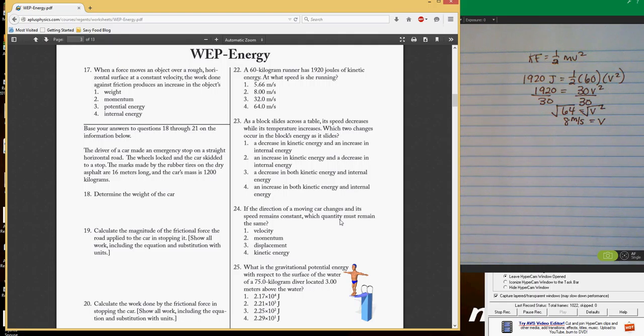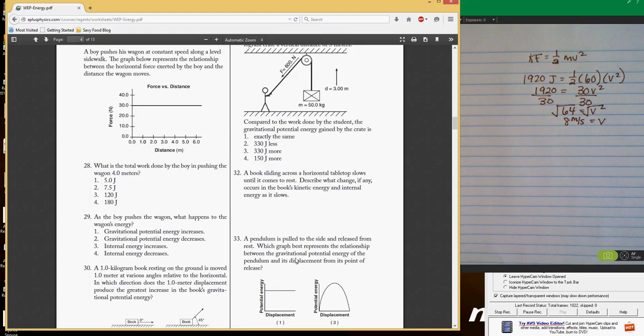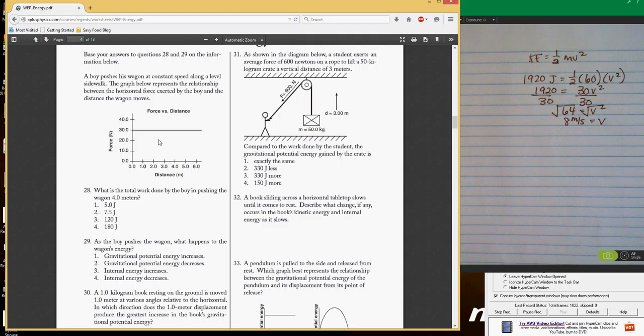Alright, we're going to do question 28. What is the total work done by the boy in pushing the wagon? So it gives you an example up here. We have a boy that pushes a wagon at a constant speed along a level sidewalk. The graph represents the relationship between the horizontal force and the distance of the wagon that's being moved. So what is the total work done?